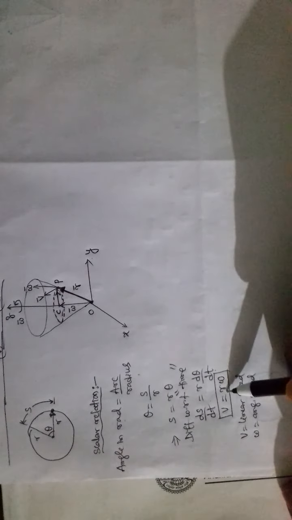So v is equal to R omega is the relation between linear speed and angular speed in the scalar form. Now let us obtain the relation in vector form.